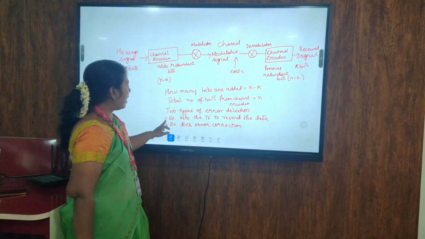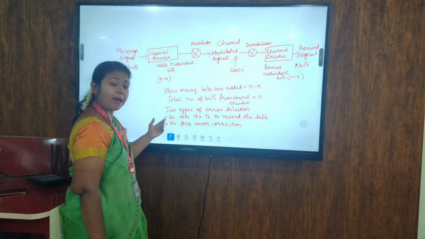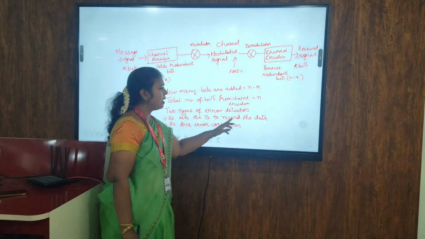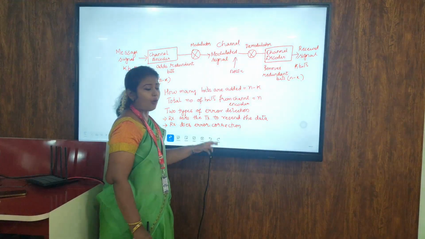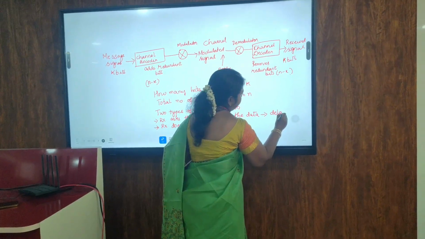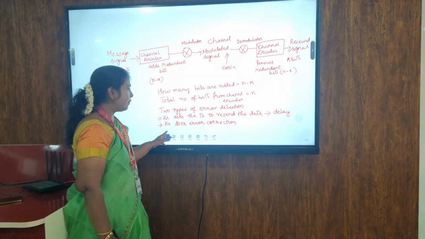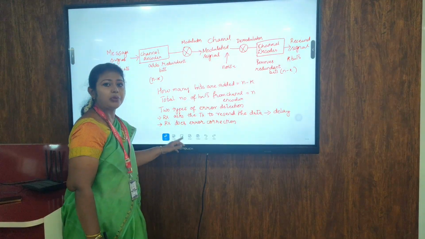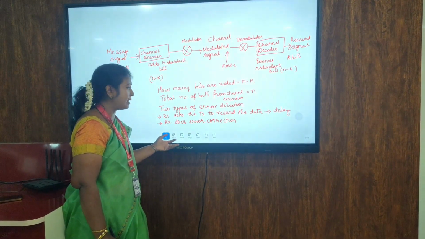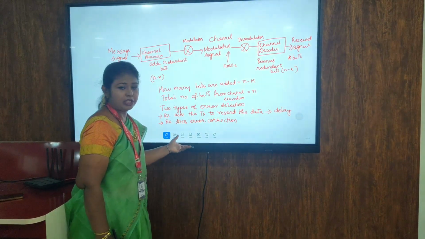So in one method the receiver informs that an error has happened and asks the transmitter to resend the data. When this method is followed, it causes delay. Whereas in the second technique, the receiver does error correction with the help of different types of error detection and correction codes, and this makes a lot of difference in data communication.